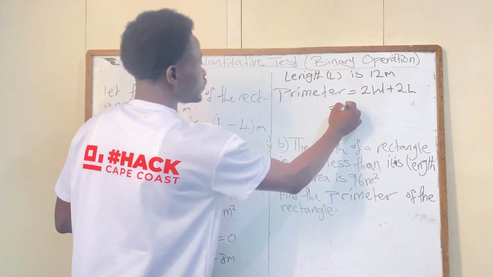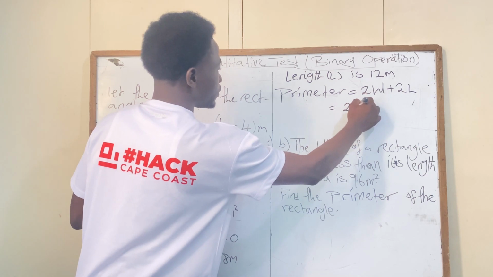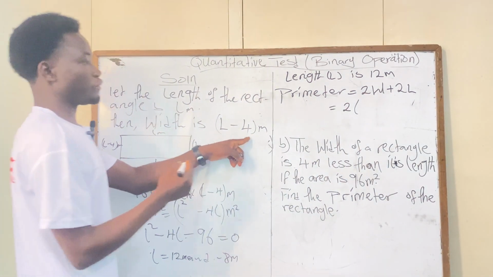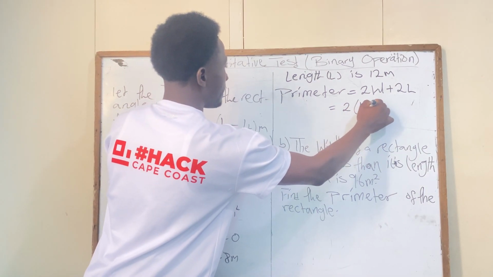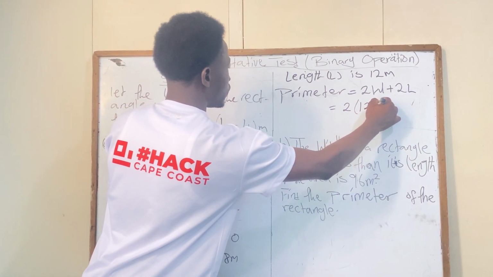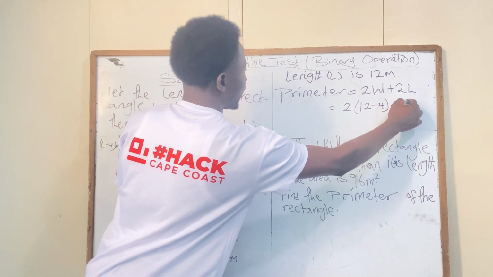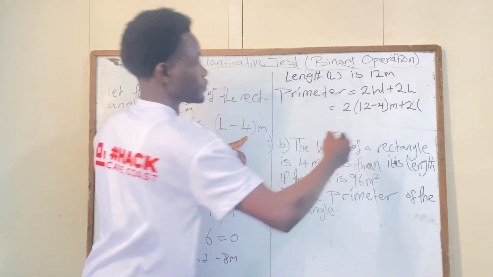So this is equal to 2 times the width. The width here is L minus 4. So I can just pick the L, which we know is 12, minus 4 meters, plus 2 times L. Alright?